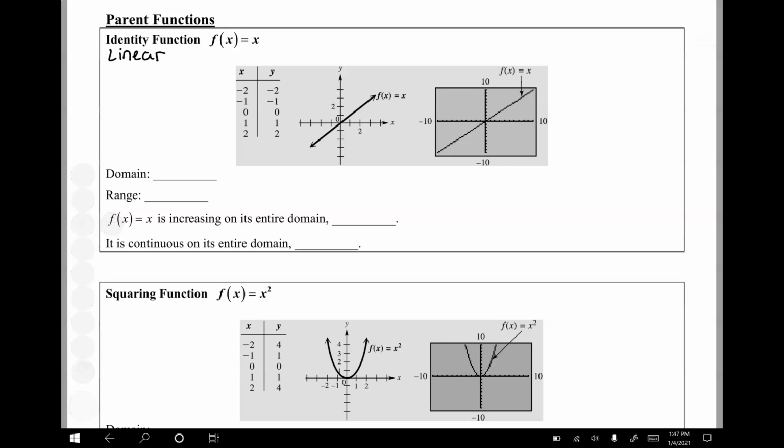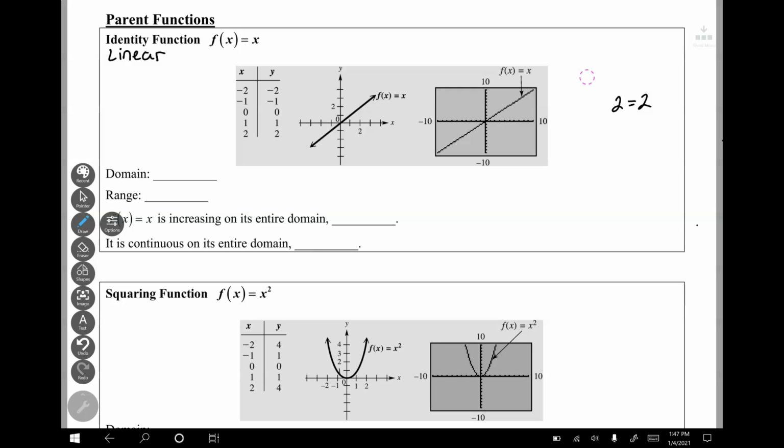That was when both sides ended up being equal to each other. So you solved for x, and x ends up going away, and you get 2 equals 2. Or even if you had x equals x, that would also be an identity.